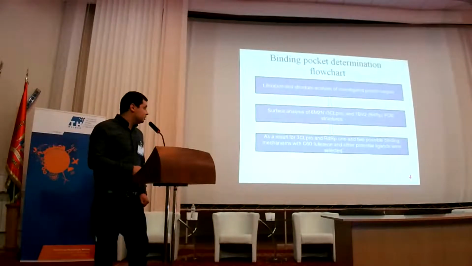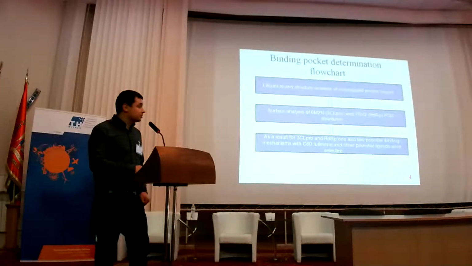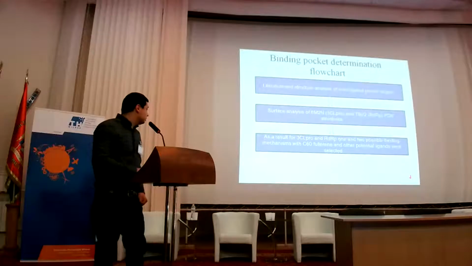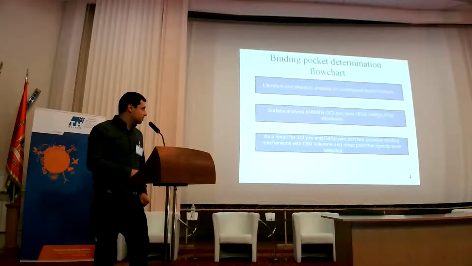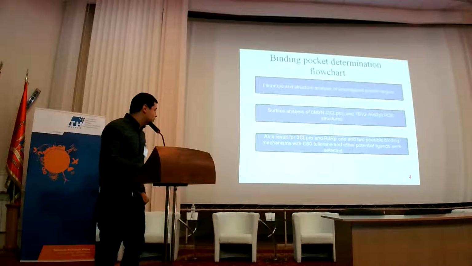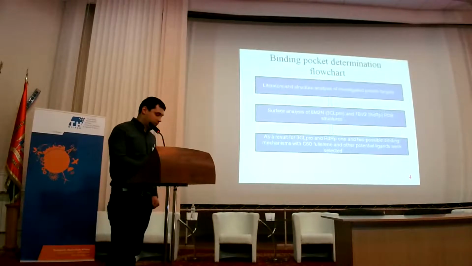The next stage was the surface analysis for the selected PDB structures for C60 protease and for RNA-dependent RNA polymerase. As a result, for C60 protease, we selected one possible mechanism of inhibition, and for RNA-dependent RNA polymerase, we selected two possible binding pockets and two possible mechanisms of inhibition by carbon-60 fullerene.